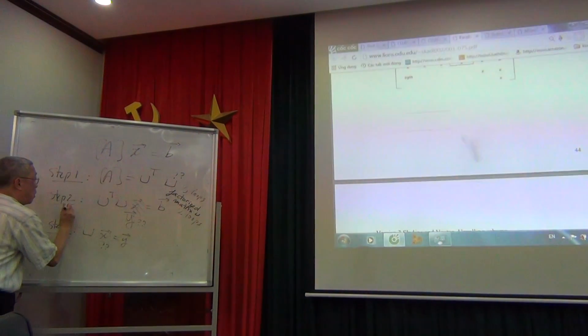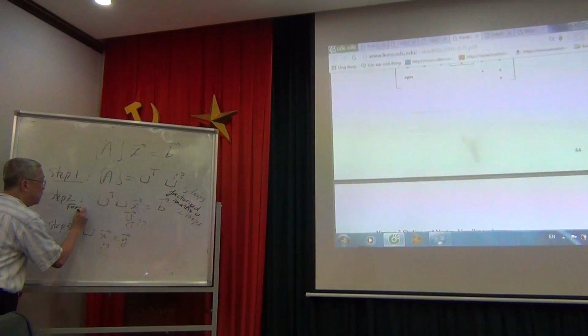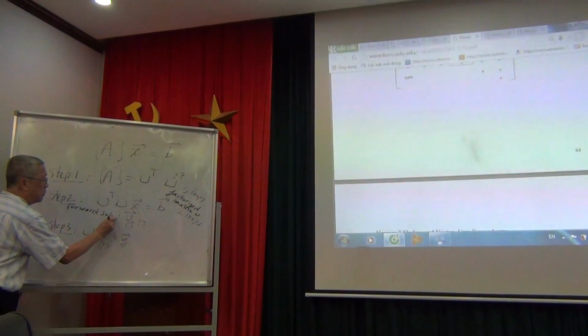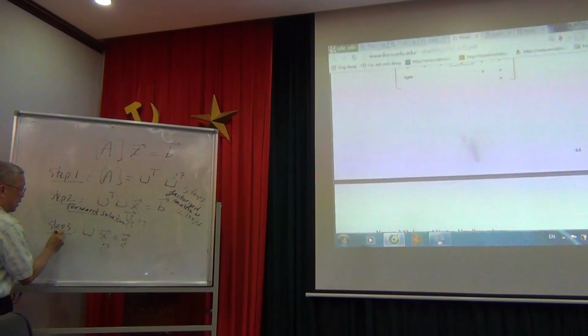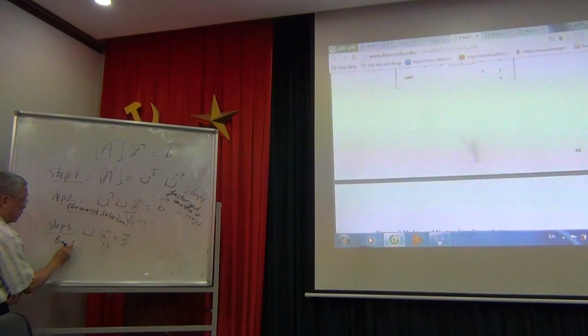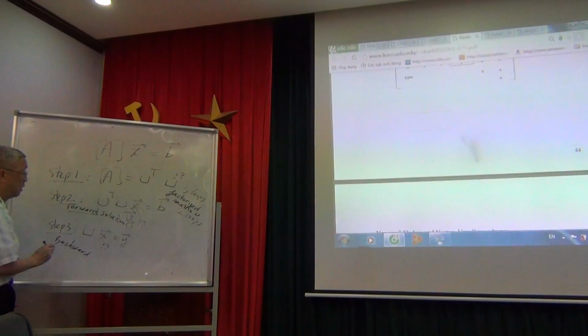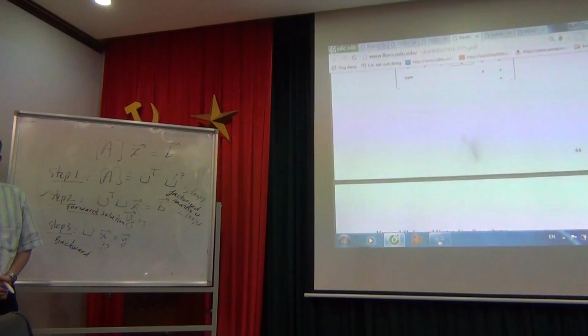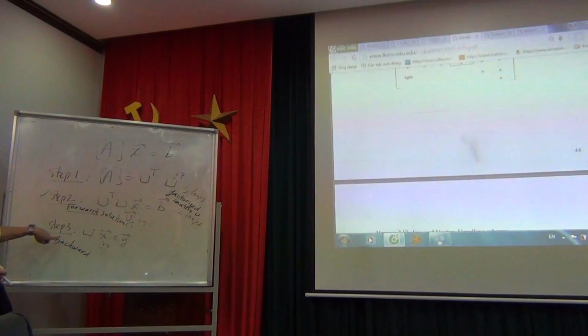Step 2, we call forward solution. Step 3 is backward. So I already discussed step 2, we just finished it. Now let's talk about step 3.